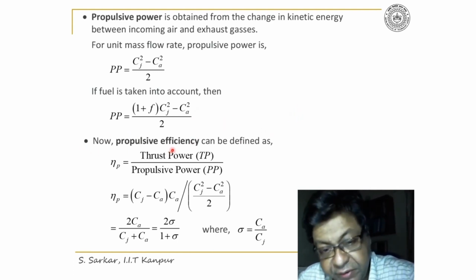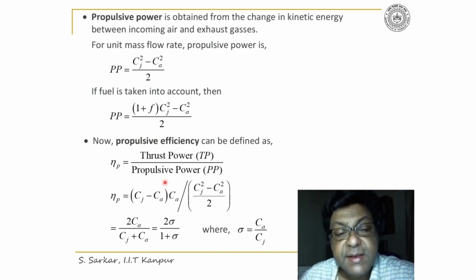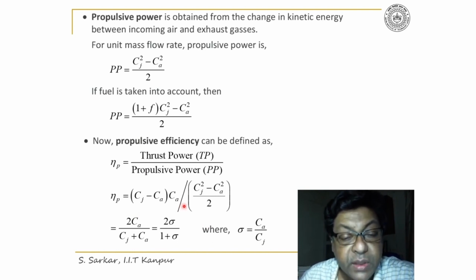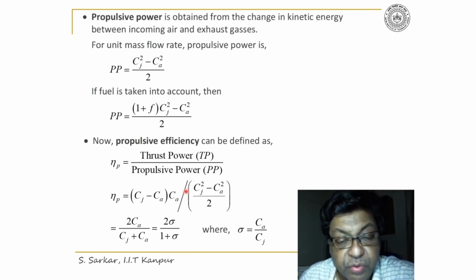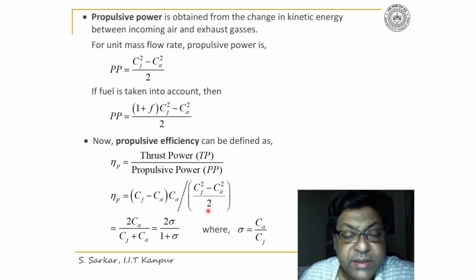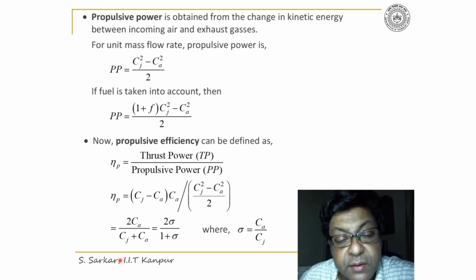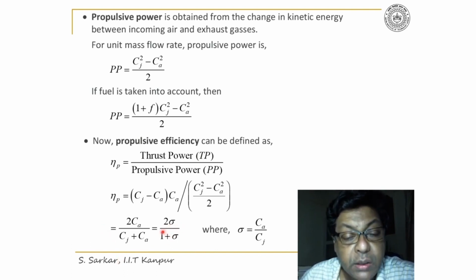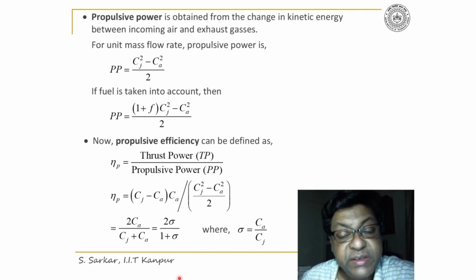Now, the propulsive efficiency can be defined as eta P is equal to thrust power divided by propulsive power. So, eta P is equal to Cj minus Ca into Ca over, within bracket, Cj squared minus Ca squared divided by 2. This can be simplified as eta P equal to 2 sigma divided by 1 plus sigma, where sigma is the ratio of Ca by Cj.